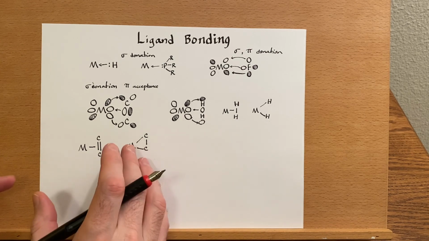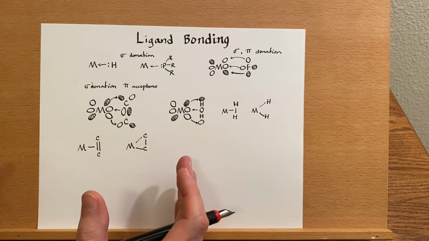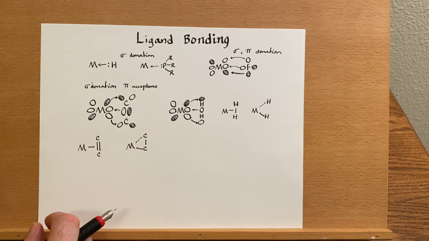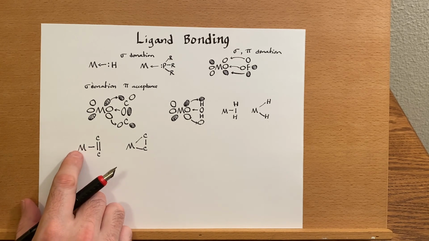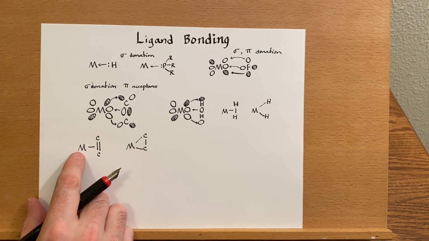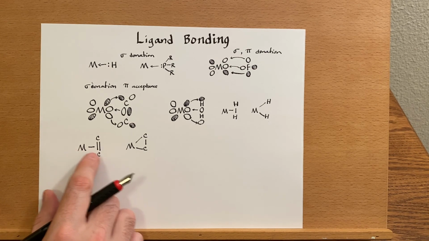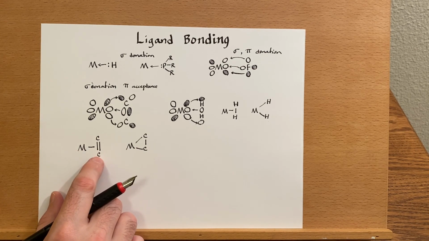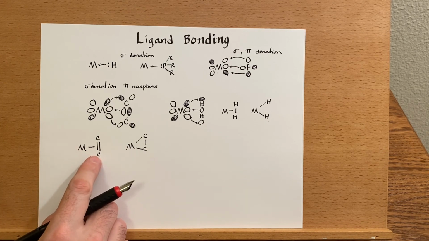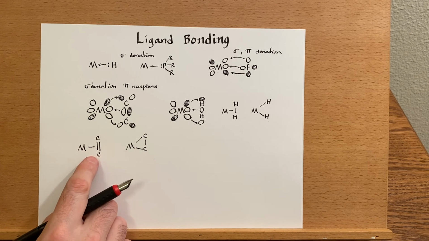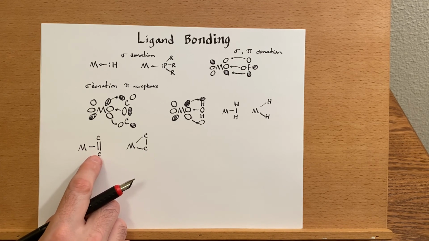What would send one towards the other, or one direction or the other? We'll talk more about that in another video, but it really comes down to the oxidation state and the electron availability on the metal. If there is not very much electron density on the metal, it would exist more in this form because the ability for the metal to bond or send density into the antibonding orbital would be vastly reduced.